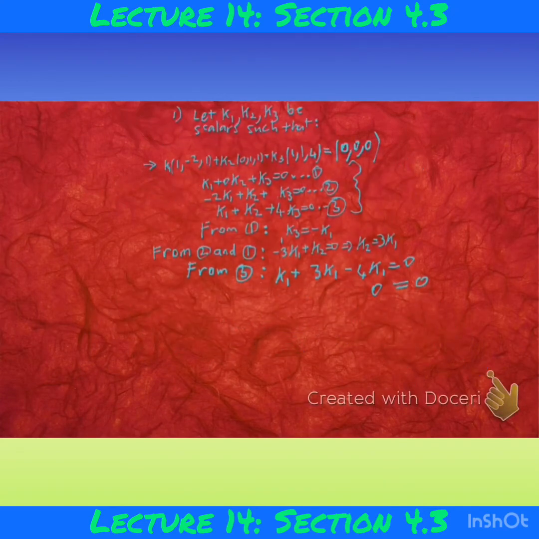So what we can do is pick K1 as 1. And if K1 is 1, then K3 is minus 1. And K2 is going to be 3.